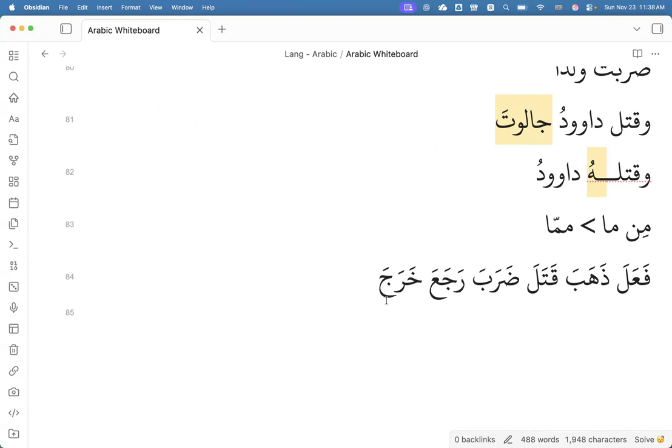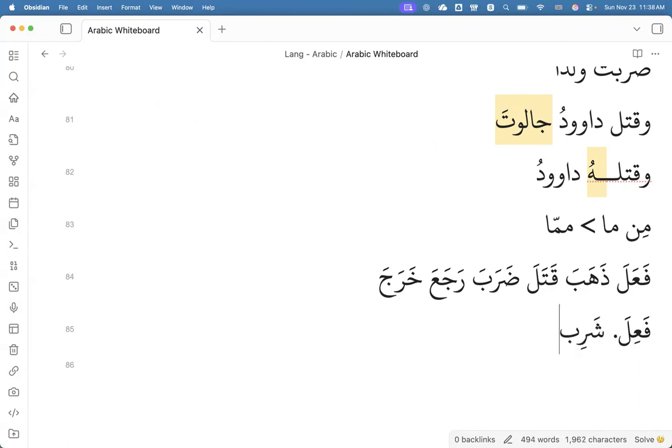Today, we will learn some other fi'ls that are not always fatha, fatha, fatha. They are fa'ila. The middle letter, the middle radical, sometimes for certain fi'ls is a kasra. For example, shariba.